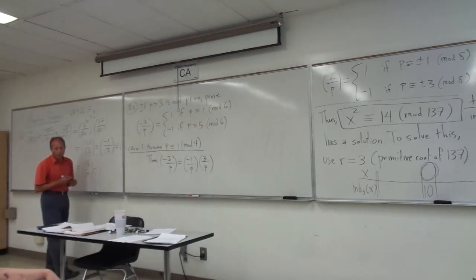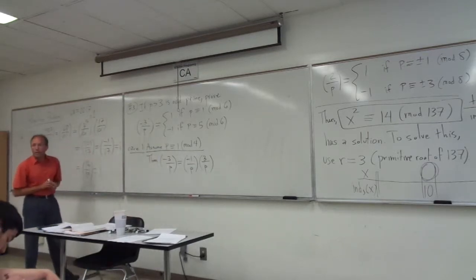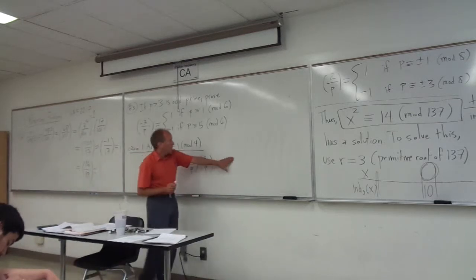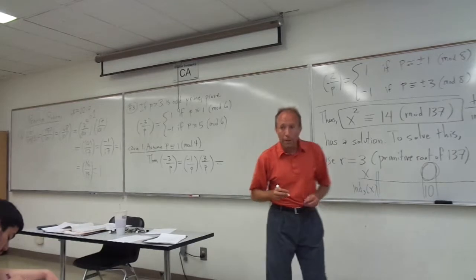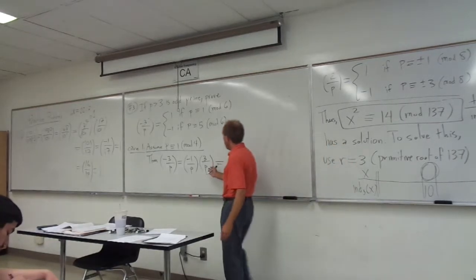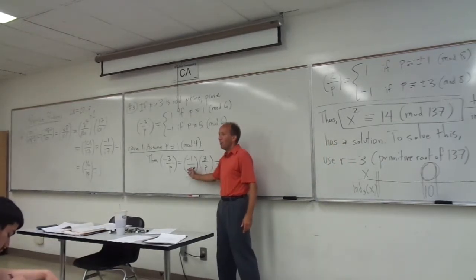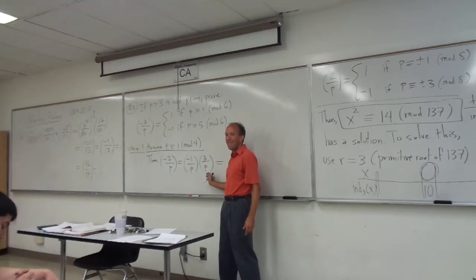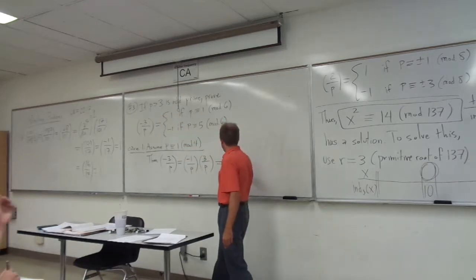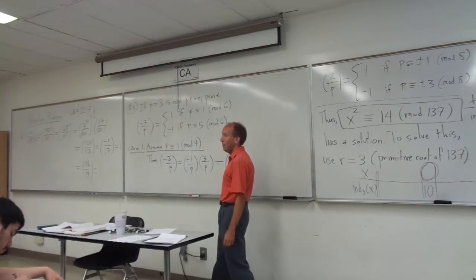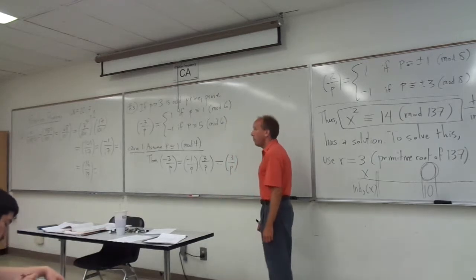Now, because I'm assuming that p is congruent to 1 mod 4, can I get any help with either of these two parts? What can I say? The first one is 1, right? Okay, so this is just the Legendre symbol of 3 in mod p. Okay. What can I do with this?